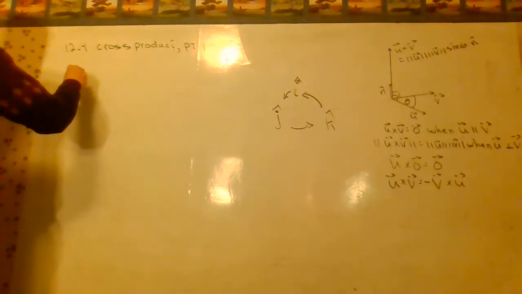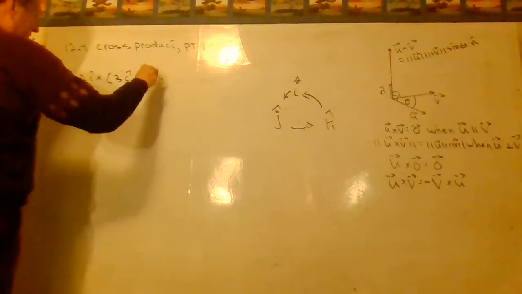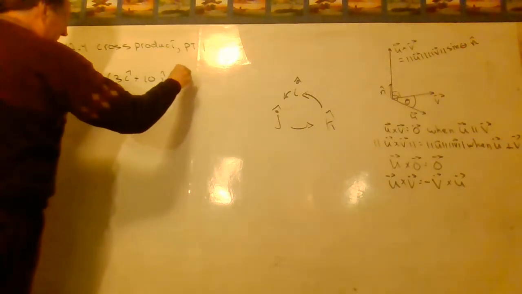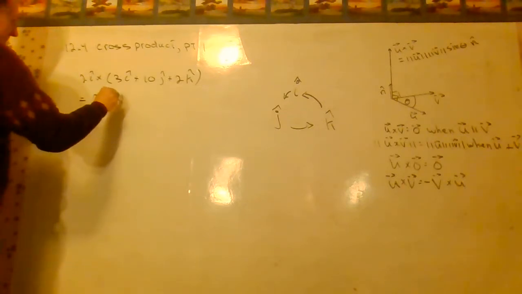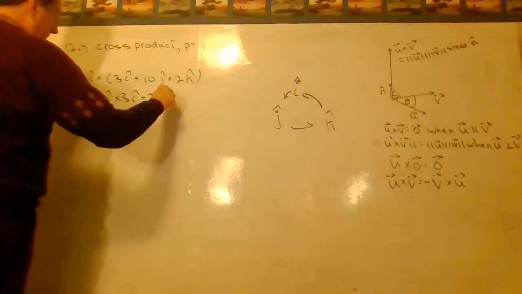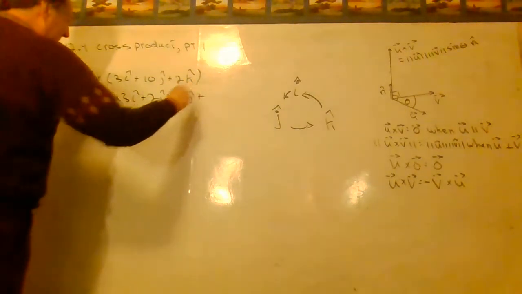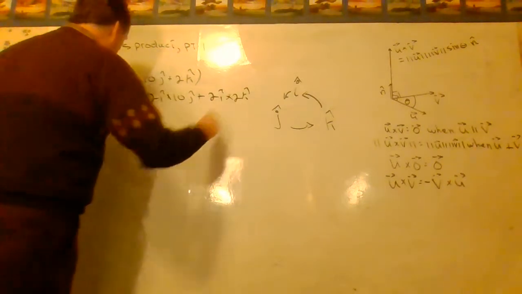So for instance, let's suppose we had 2i cross 3i plus 10j plus 2k. Well, we get 2i cross 3i plus 2i cross 10j plus 2i cross 2k.